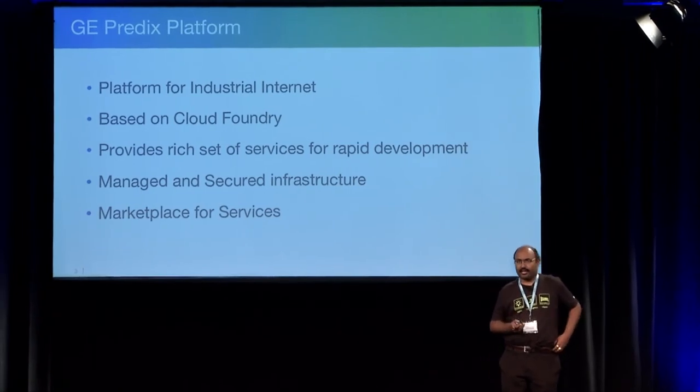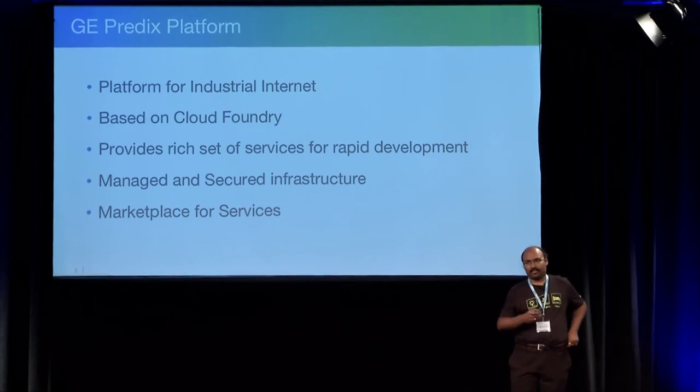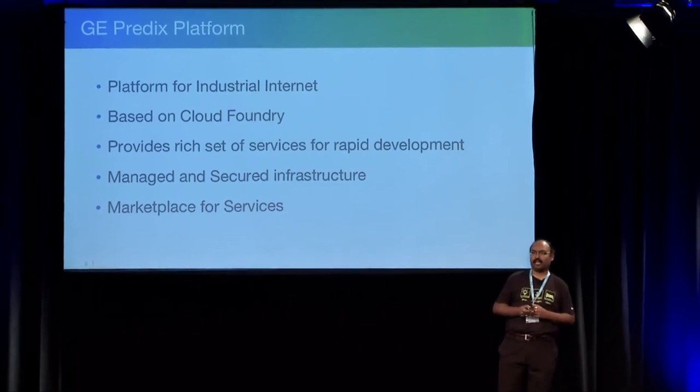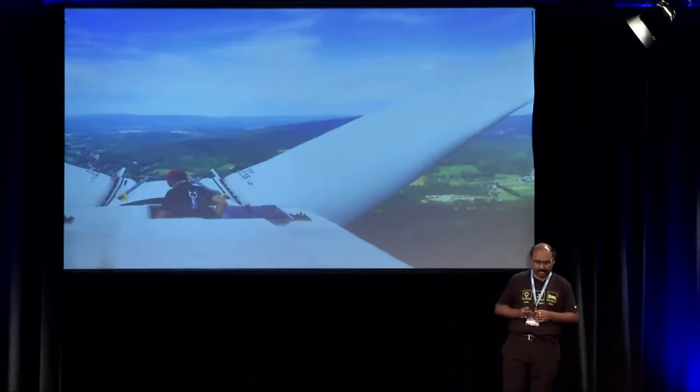And then of course they also have built a marketplace around it. So apart from the ingestion, they also provide some other analytics services and views and dashboards and so on. So you can check it out.